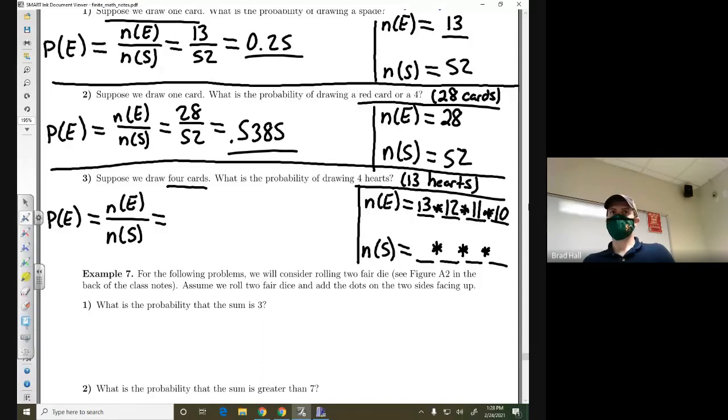So we're not choosing from the restriction of hearts anymore. Now we're just drawing any card, which means we have more options. In fact, we have 52 options for the first card, and then 51 options for the next one, 50 and 49, because we still cannot repeat.